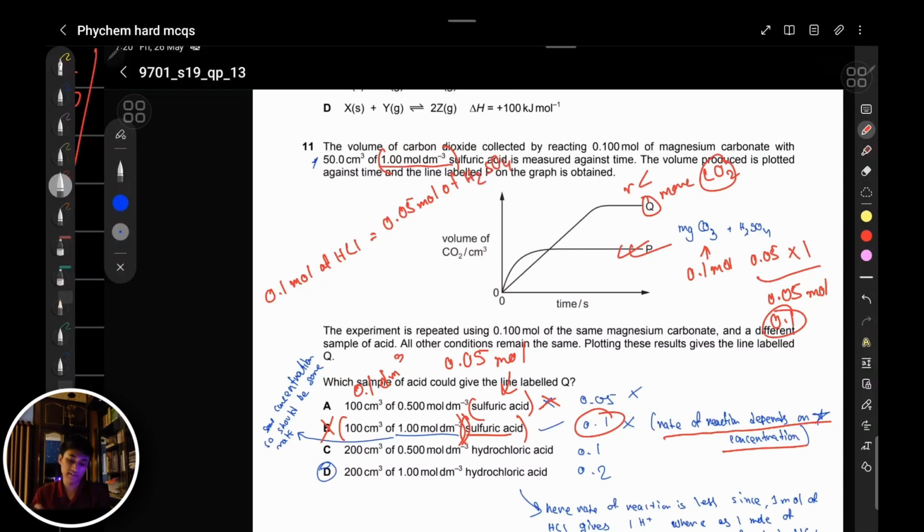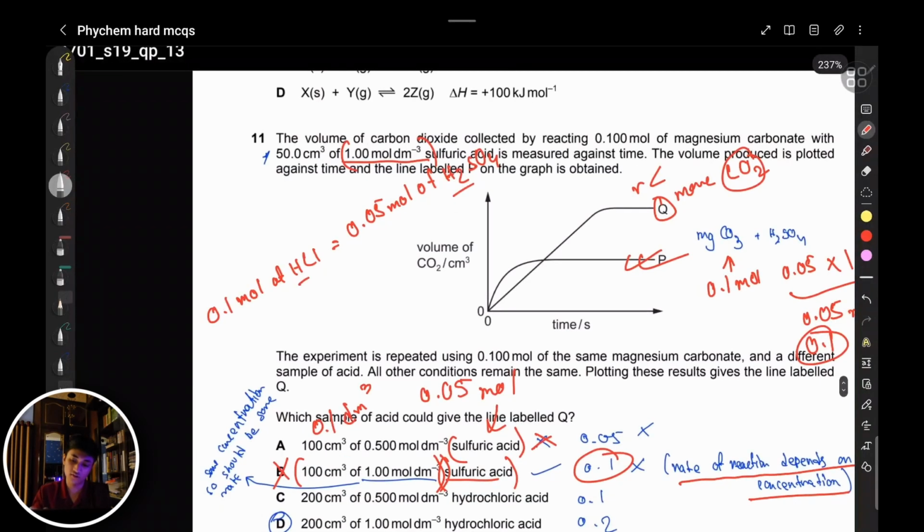The main reason is HCl is giving you 1 H plus ion. The acid is basically the proton or the H plus ion. But H2SO4 is giving you 2 H plus ions.